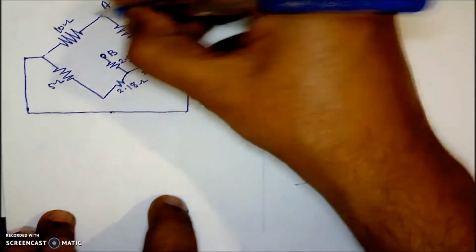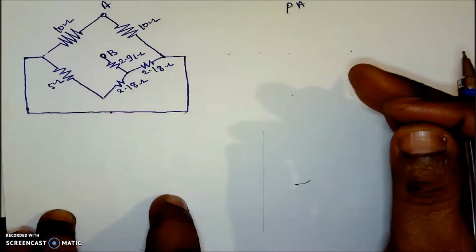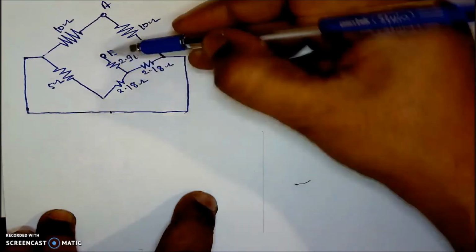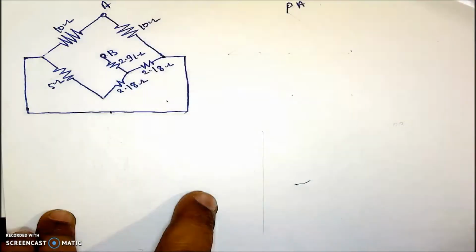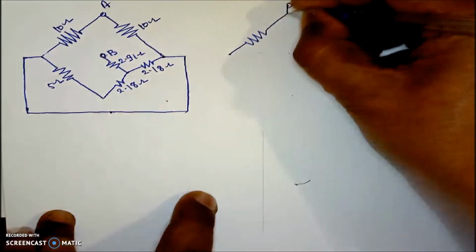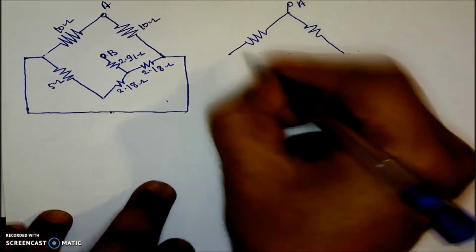I will take this terminal outside, because the terminals between which we want to find the resistance should be outside, otherwise there is a chance of confusion. I will take B outside and shift this short circuit inside. That will become simple for the calculations. I am not applying any formula, just redrawing the circuit with a little modification.